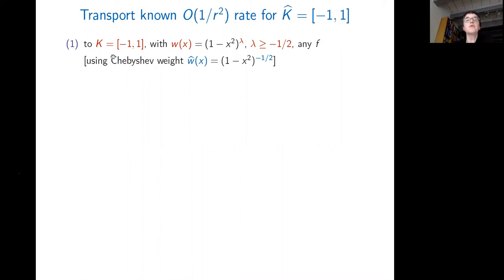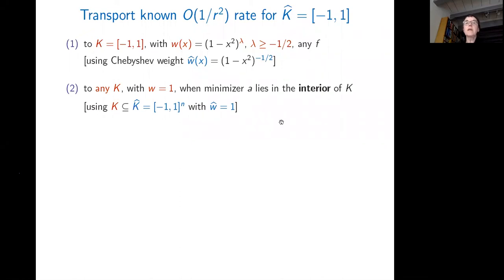So first of all, let's take the same set, minus 1, 1, but with a new weight function. And this new weight function is of Jacobi type, but now with a larger range of lambdas. We knew only to do lambda is minus a half, but now we can do any lambda at least minus a half by doing this similarity trick.